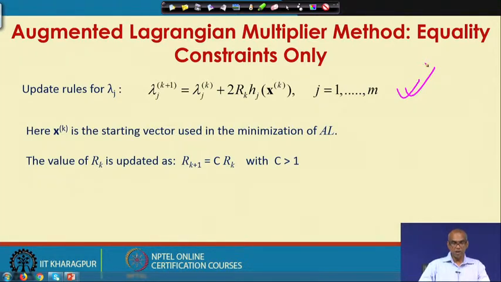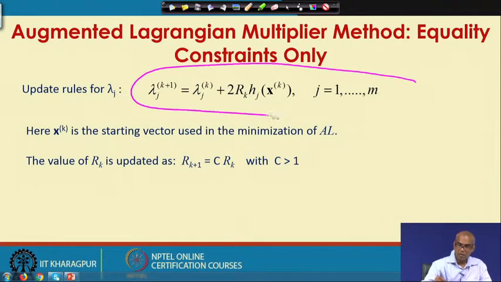Here x k is the starting vector used in the minimization of the augmented Lagrangian function. So, this expression gives me an update rule for the Lagrange multipliers lambda.